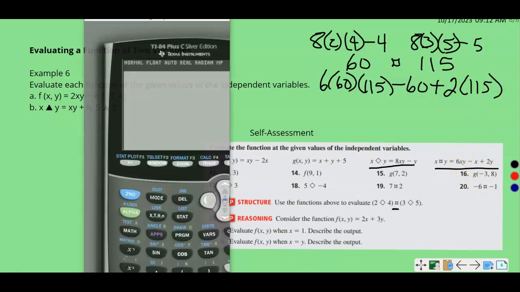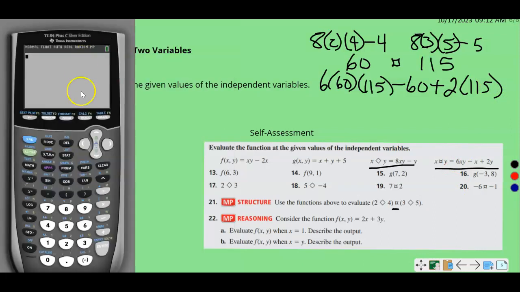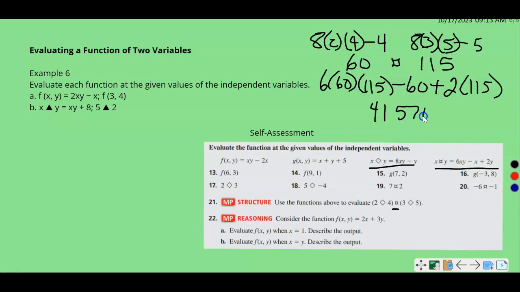I'm going to pull up my calculator and do 6 times 60 times 115 minus 60 plus 2 times 115. And this one is going to be 41,570. So that's how you would do number 21.